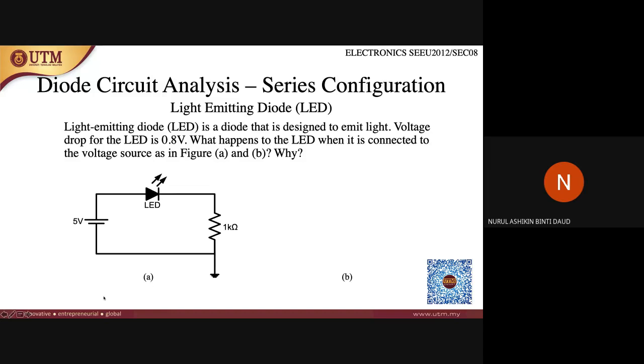Because it is positive and positive, so it means that current flows, just like the diode itself. So it means the circuit is a complete circuit. However, if it is the opposite way around, the LED does not light up because there is no current flowing inside this circuit.